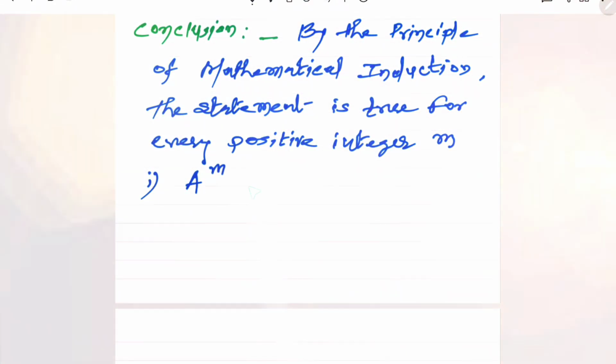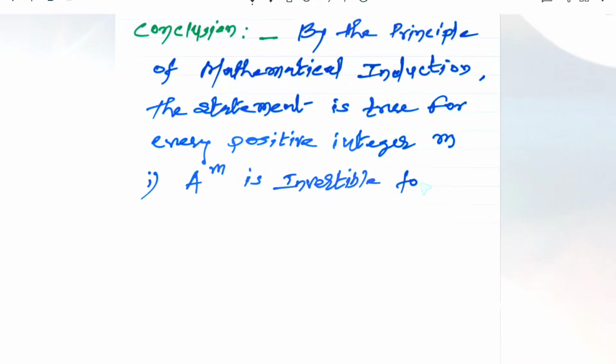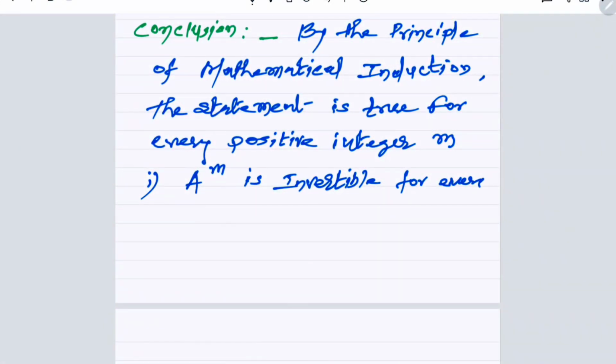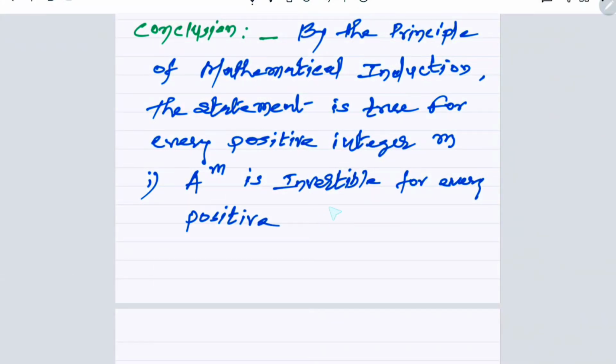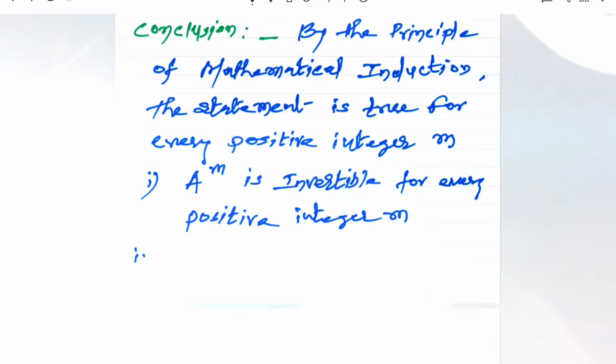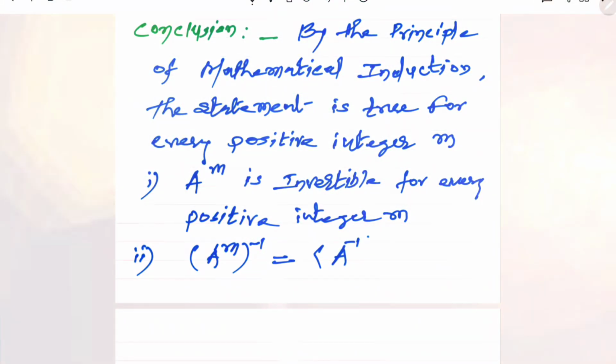First, A raised to m is invertible for every positive integer m. And second, A raised to m whole raised to minus 1 is A raised to minus 1 and whole raised to m.